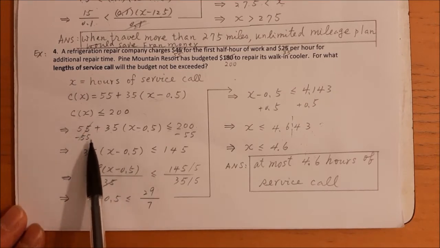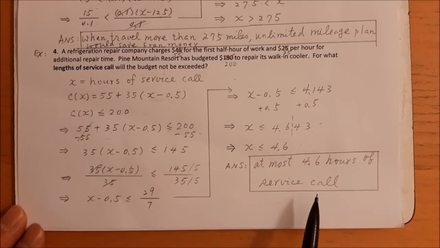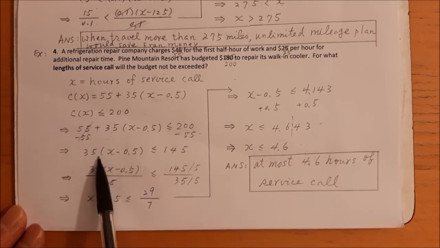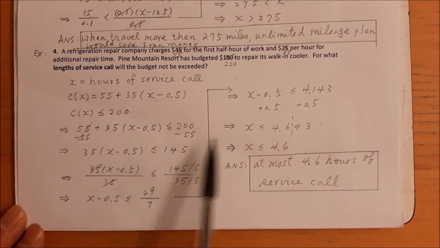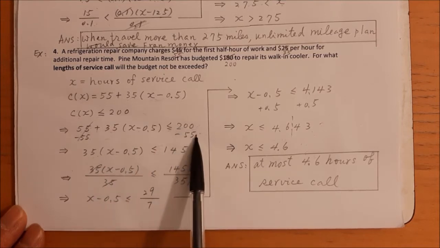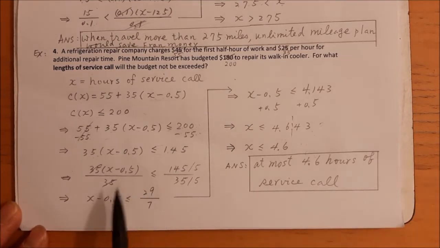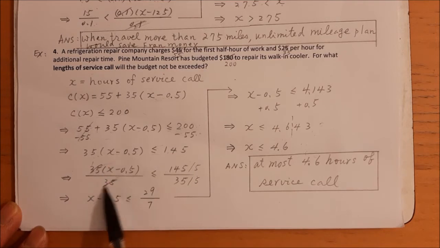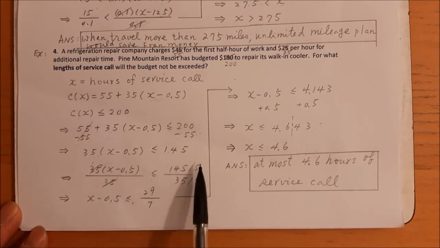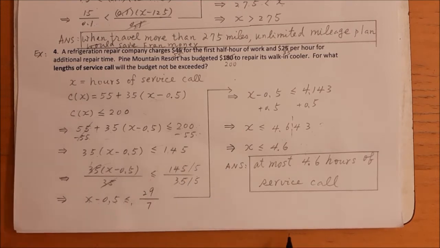So subtract 55 on the left and the right. 55 minus 55 is 0. Then 35 times parenthesis x minus 0.5 is less than or equal to 200 minus 55, which is 145. Then divide by 35 on the left and the right, canceling 35. x minus 0.5 is less than or equal to 145 divided by 35.